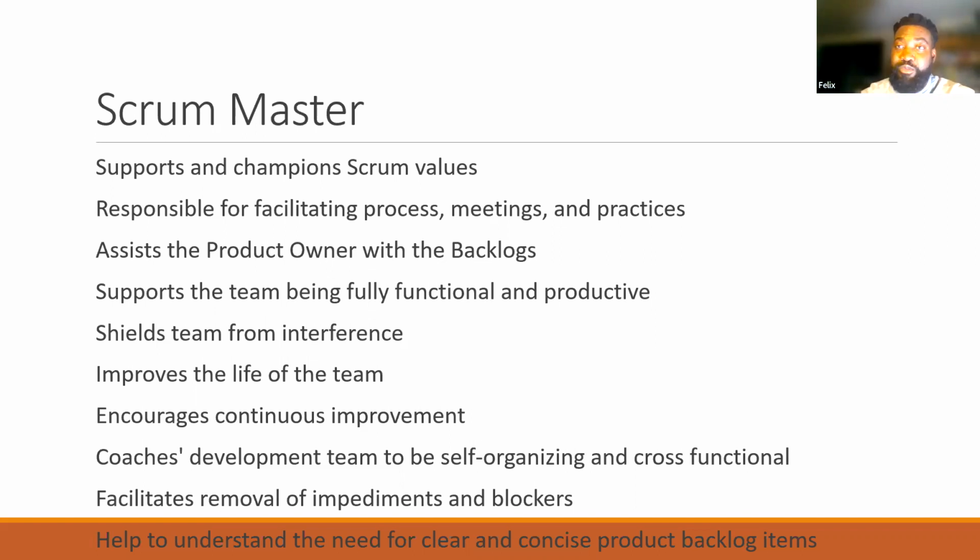One popular technique is called MoSCoW, which is must have, should have, could have, and won't have. Pretty straightforward, right? Basically it states what are the items on the backlog that we must have, those that we should have and could have, and those that we won't have. So that is one of the techniques you could use.